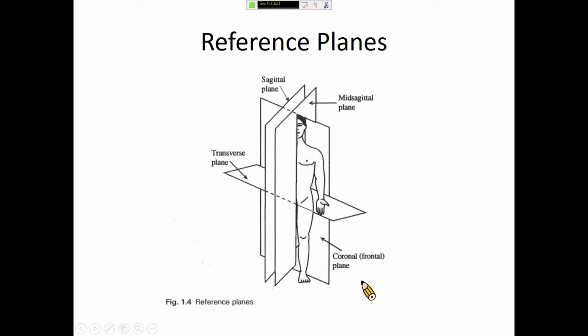Coronal plane. Imagine there's a coronal plane, posteriorly, anteriorly. If you move anteriorly, it's flexion.